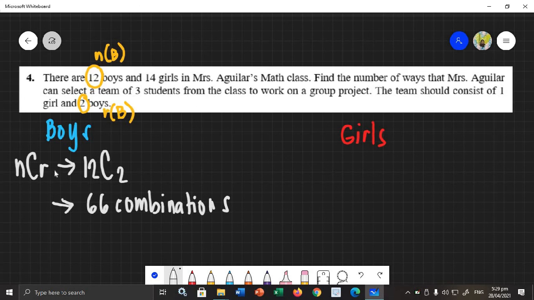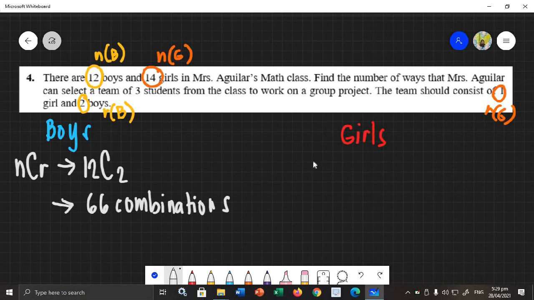Okay? For the boys. And then for the girls naman, ang girls sa class ni Mrs. Aguilar is 14. Okay, so ito yung N for girls. And then kailangan sa isang team ng 3 students, dalawa yung lalaki, isa yung babae. So yung R for girls is 1.